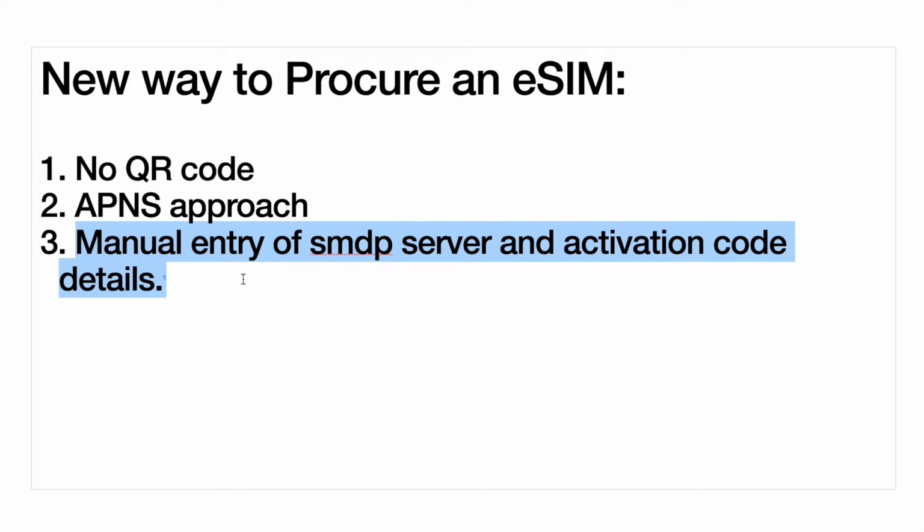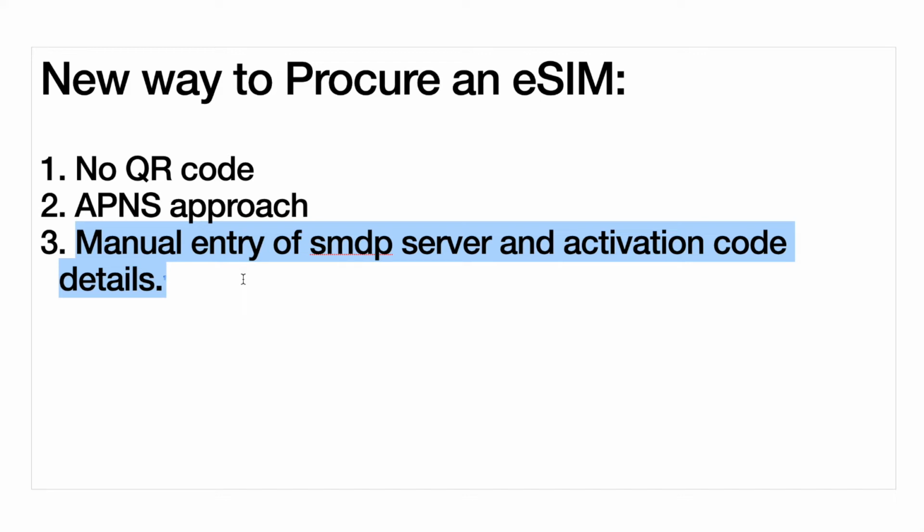If you go to the settings page, mobile data, and click on add data plan, this is generally where you scan the QR code. There is also an option called enter details manually. If you click on that, a different page asks for the SMTP server and activation code details, which you have to enter.